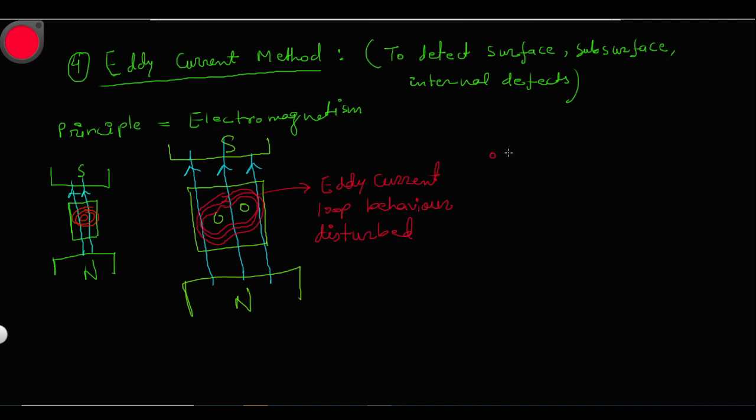One point is there, the specimen should be a good conductor, then only this method should be used. Must be a good conductor. Now I'll show you some pictures. Now it will be clear for you.